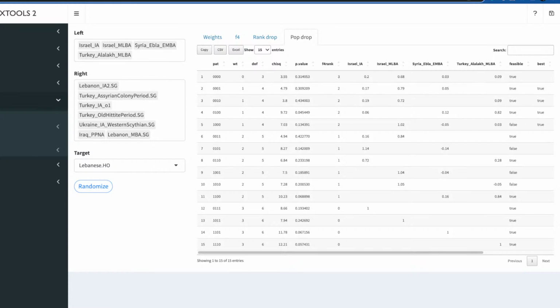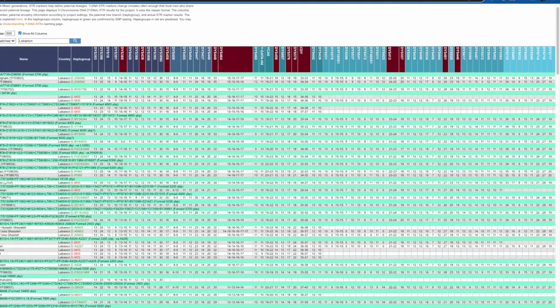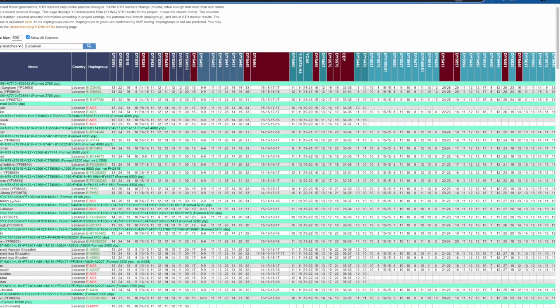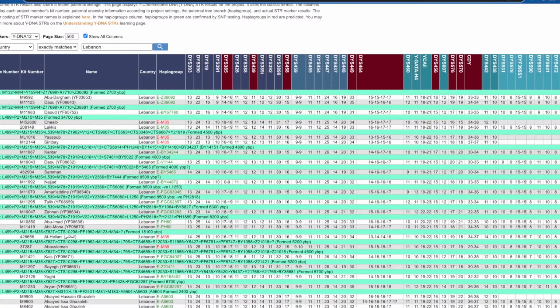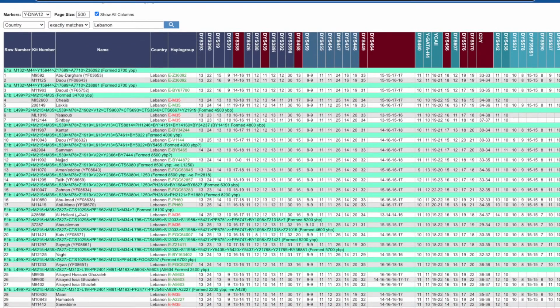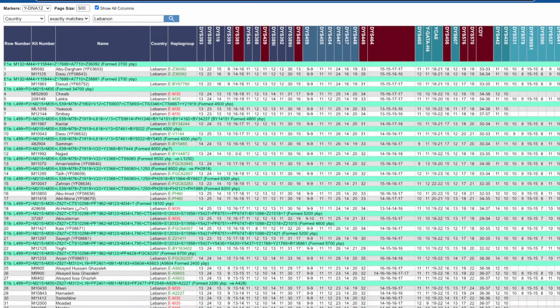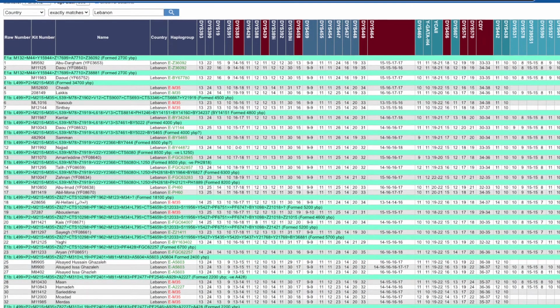All right. On the YDNA Lebanese, they carry some E1A, some E1B1B. What's interesting for me is that I have a YDNA match from Lebanon, but he's not actually on here, which could be the case.